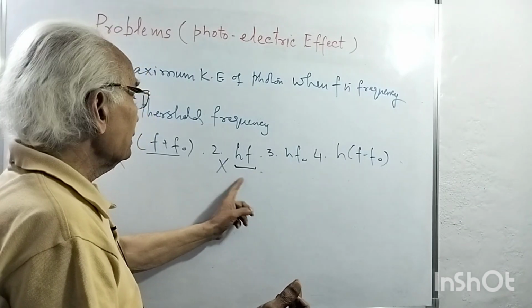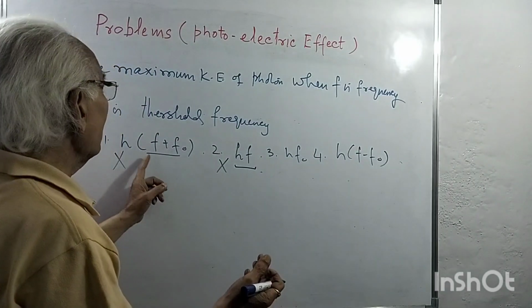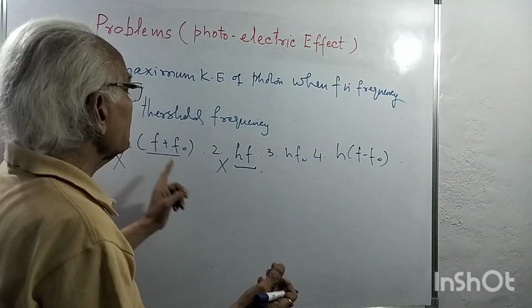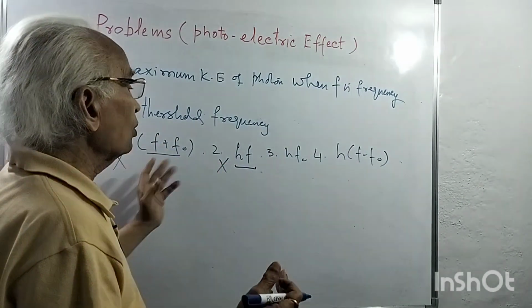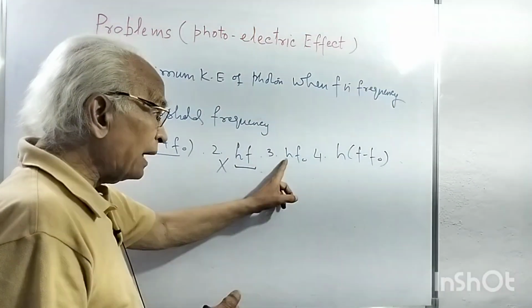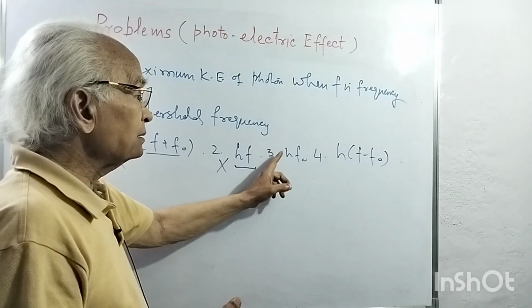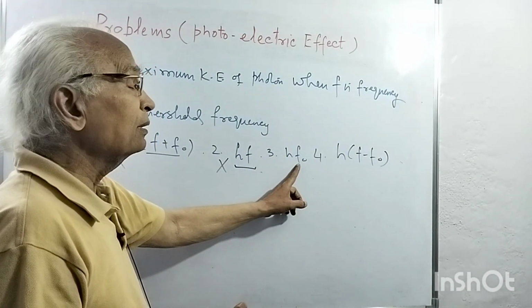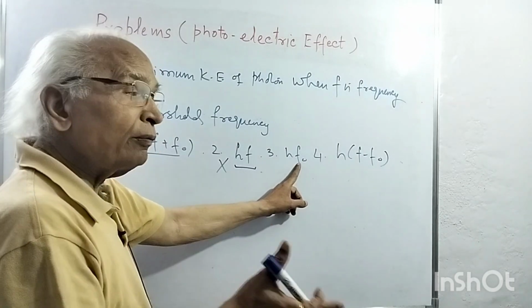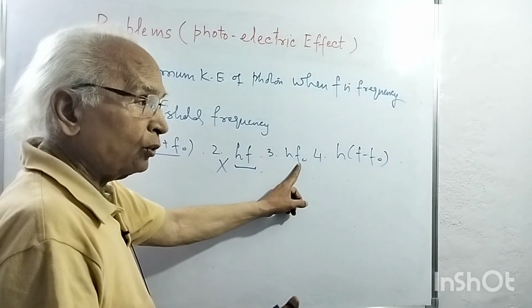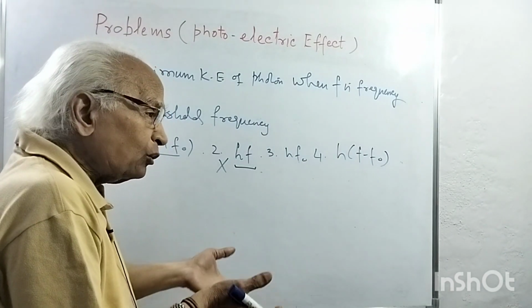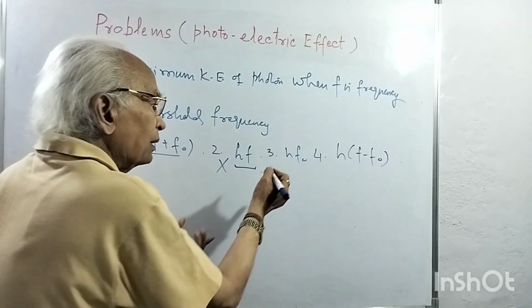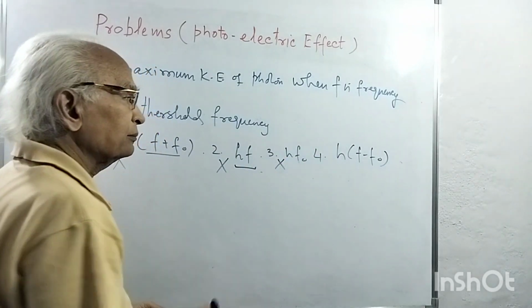So this is the incident photon energy plus the threshold energy, much more. So both are not possible. This is hf naught, the threshold energy, the energy required to remove the electron. This cannot be the energy of the electron.